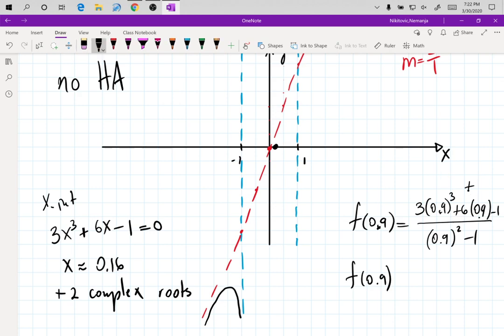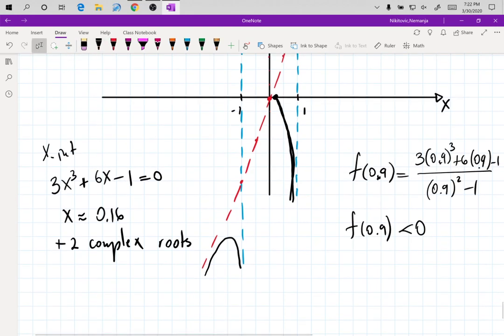So the top is positive. The bottom, 0.9 squared is 0.81, and when you subtract 1, the bottom becomes negative. We don't need to know the value. We don't care about the value. I just want to know that it's below, so I know that my function follows from here and is going to hit my x-intercept. So I know that's happening there.